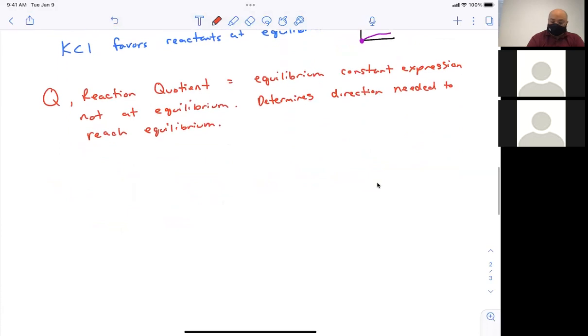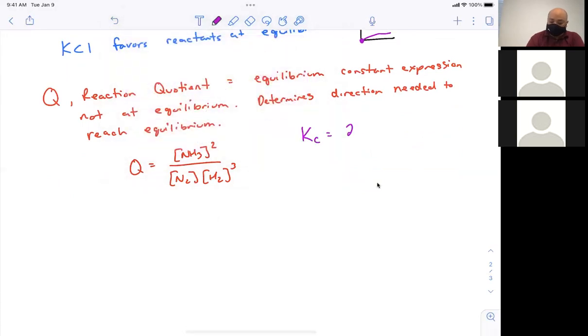So, for example, in this same equation up here, Q would still be equal to NH3 squared over N2 times H2 cubed. But you run into scenarios where you have to calculate these values. Let's pretend we had the K of this reaction to be 20, for example.